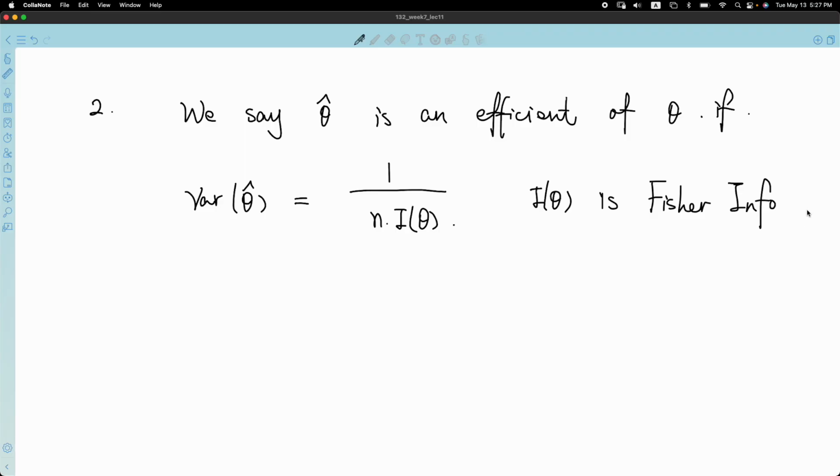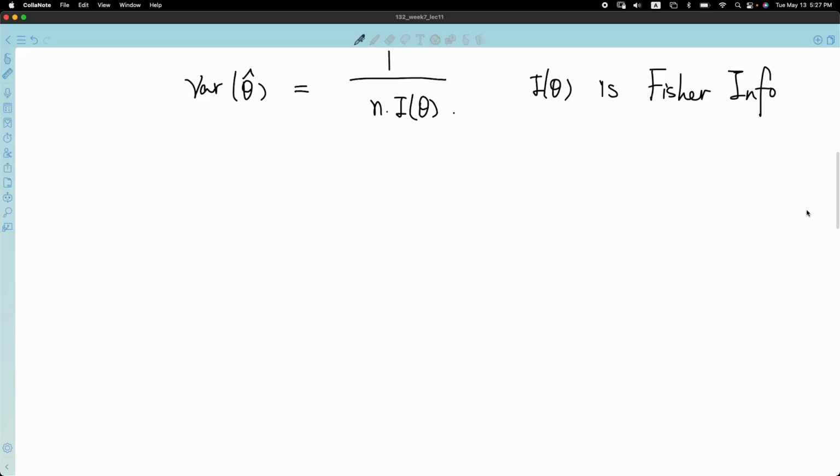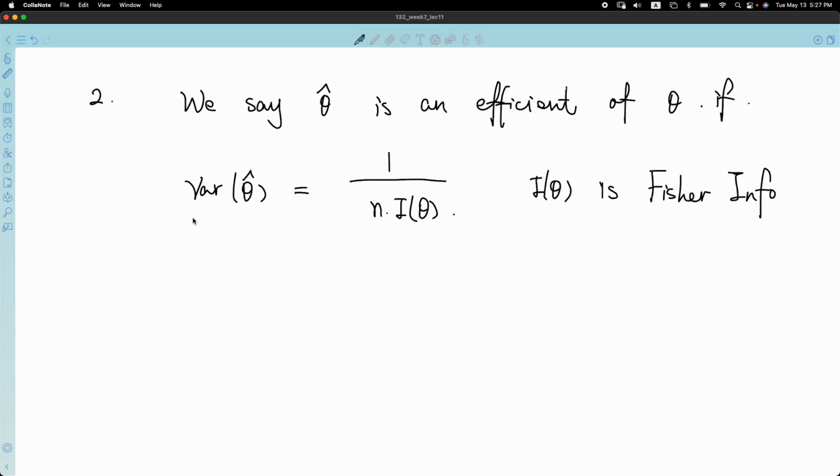Last time we also showed two results. Result 1 is that the expected score function is equal to 0.